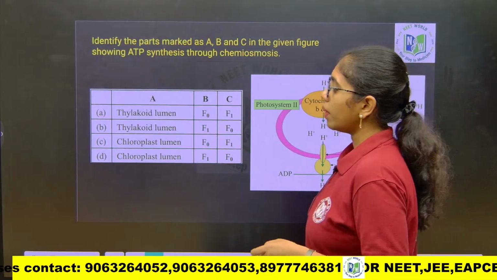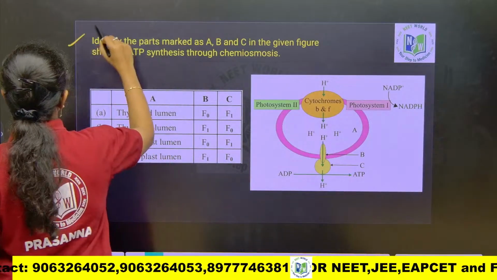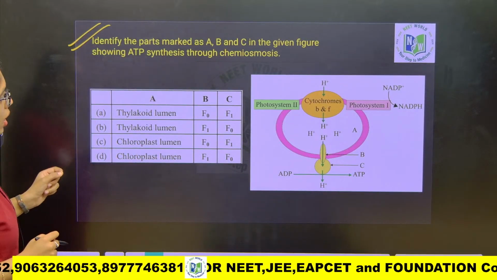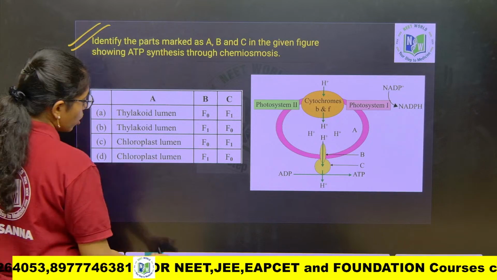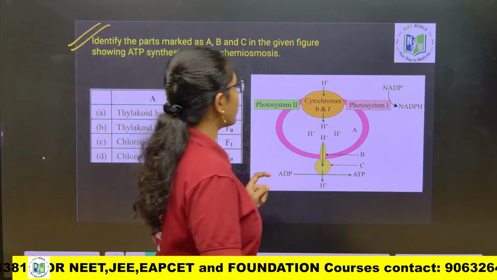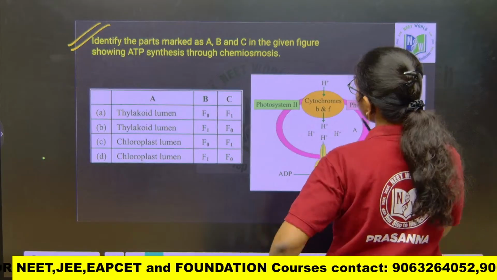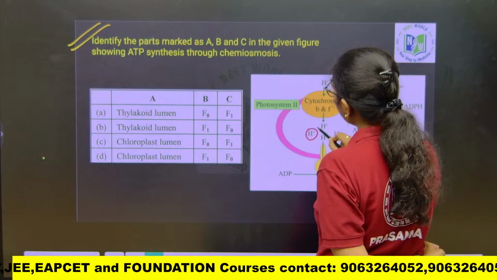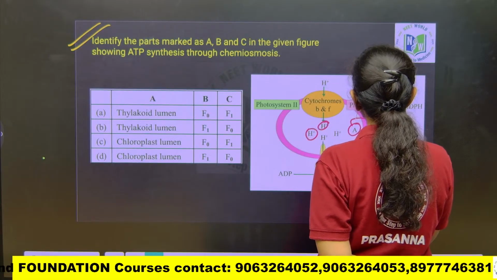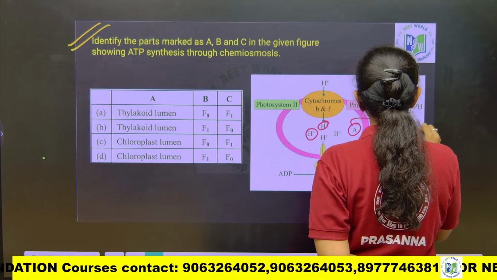This you look into, ma. Identify the parts marked as A, B, C in the given figure showing ATP synthesis. Of course, inside A proton accumulation is happening. So, what is this A side, beta? This is thylakoid lumen.